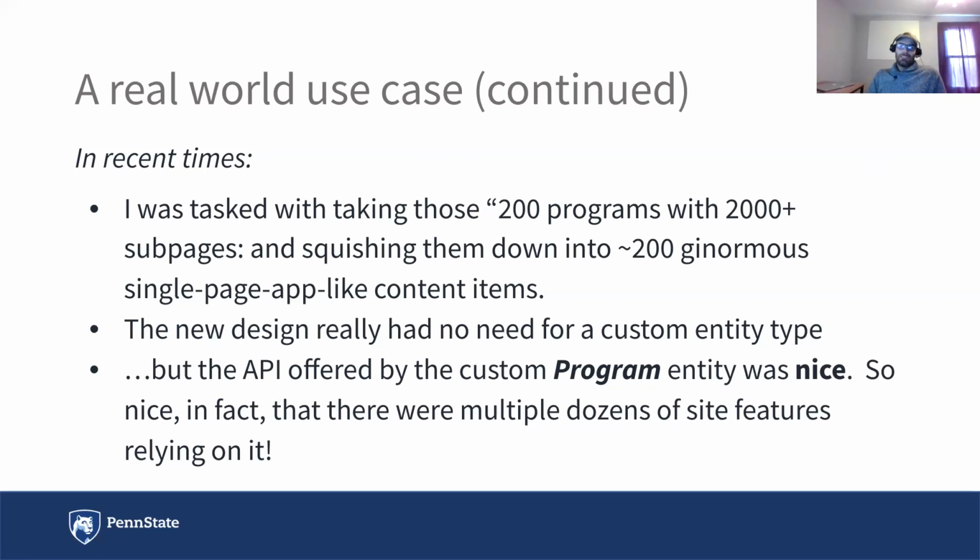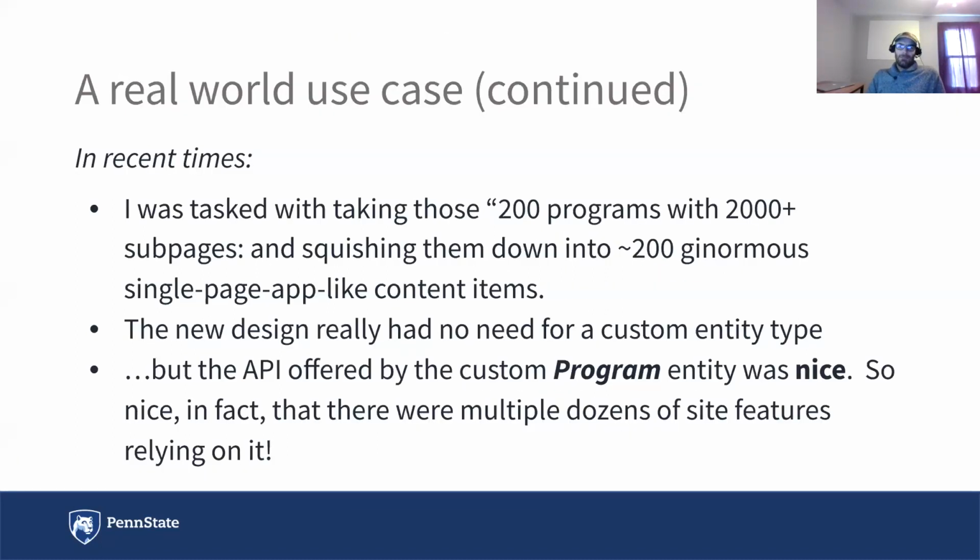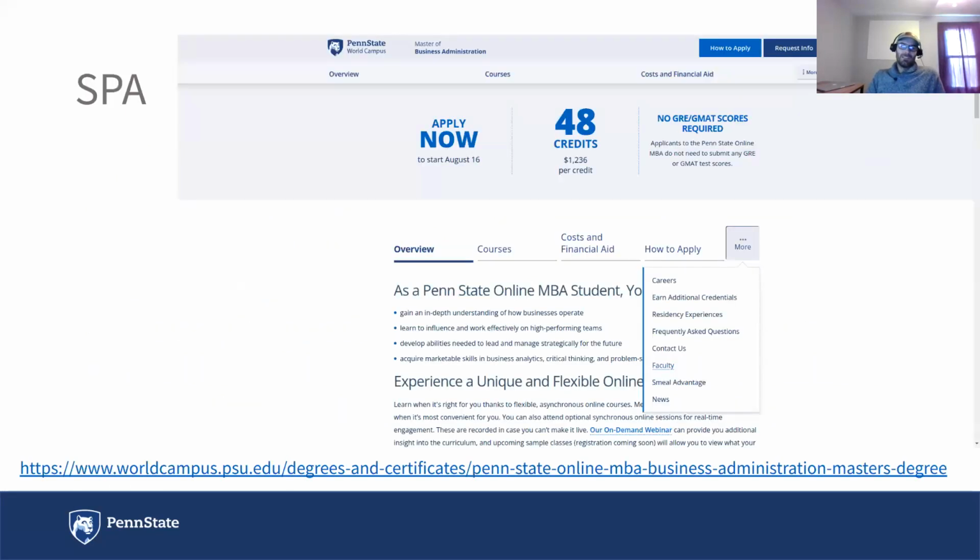It was so nice that so many site features were relying on it, and we really couldn't say we're going to rebuild the entire site for this, so we needed to figure something out. I have here just an image of the new single page app like thing with a link at the bottom if anybody cares to click that.